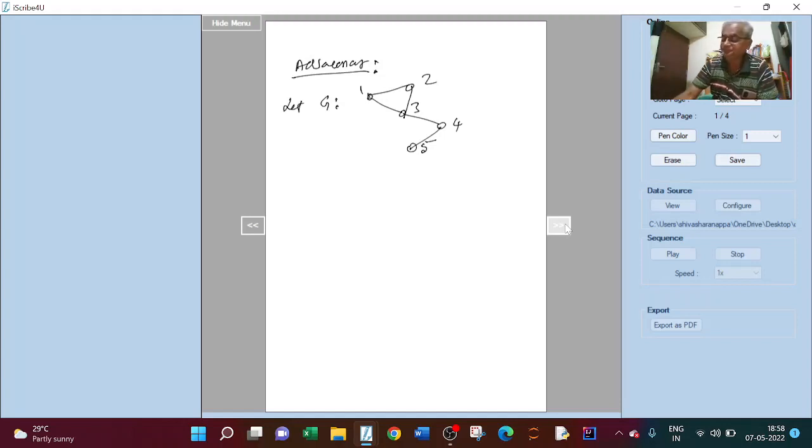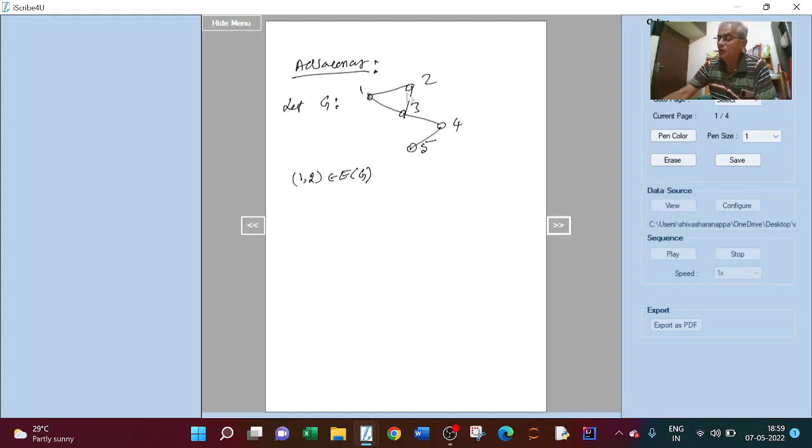Now here 1 comma 2 belongs to the edge set of G. This is an edge. Since 1 2 is an edge, we say that 1 and 2 are adjacent to each other. Two vertices are said to be adjacent to each other if there is an edge joining these two vertices.